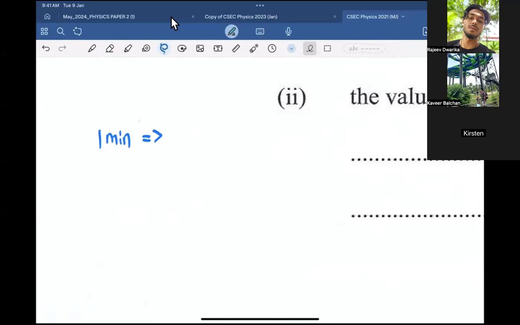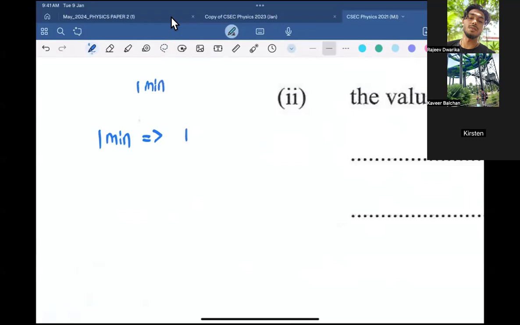I feel like you're overthinking it. Periodic time is the time it takes for one oscillation. So if the periodic time is 1 minute, how much time does it take for one oscillation? 1 minute. So if 1 minute passes, how many oscillations would have been completed?